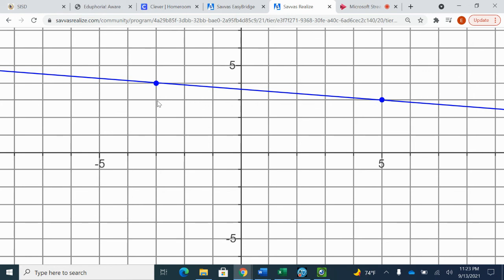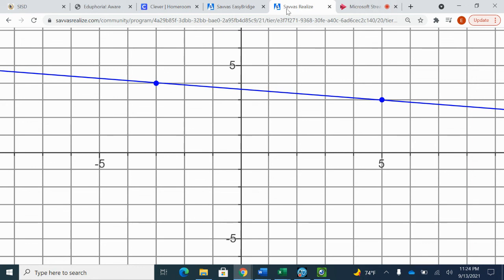So my rise was actually down 1 unit. Now we look at our run. Well, our run is 1, 2, 3, 4, 5, 6, 7, 8. So my run was a +8.